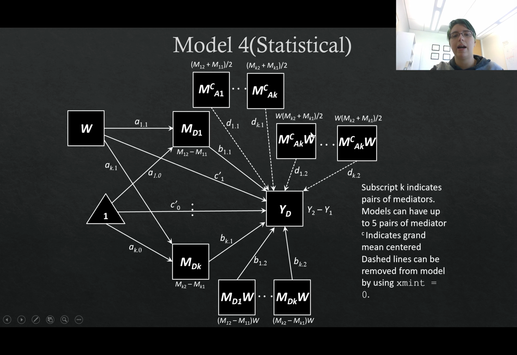Similarly, we allow for a product term including W and the mean-centered average of the mediators, and this path is what is allowing that D path to be moderated. So essentially what all of the MEMORE moderated mediation models do is every different combination of these paths being moderated or not moderated is available in these models 4 through 18.